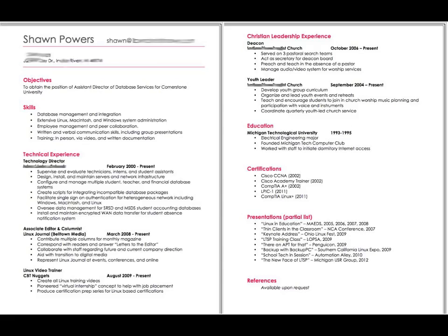The second thing is if you notice, he's got his objectives, he's got his skills, and then he puts the technical experience. Then, because of the nature of this job, Cornerstone being a Christian university, school actually, I do believe, he puts in leadership experience that deals with that. What I love about it, Shawn, is you split the experience. Because guess what? You can use that technical experience on your resume separately.